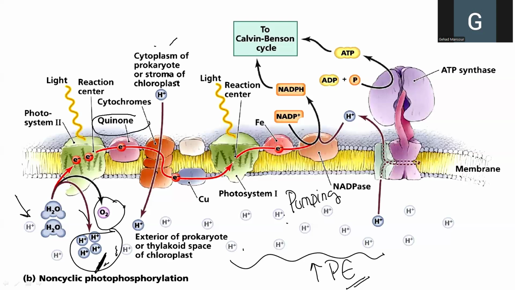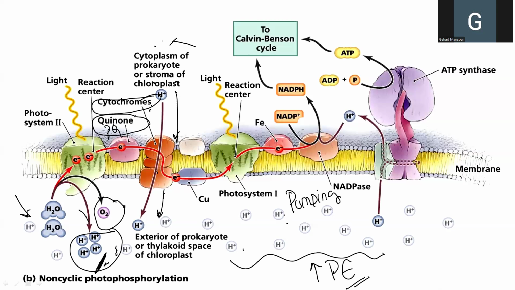So we have quinone first, and then we have a series of enzymes and electron carriers that are called the cytochromes, and we have plastoquinone. And then, as you see, there is pumping of protons using the energy that is released from electron transfer at gradually decreasing levels.